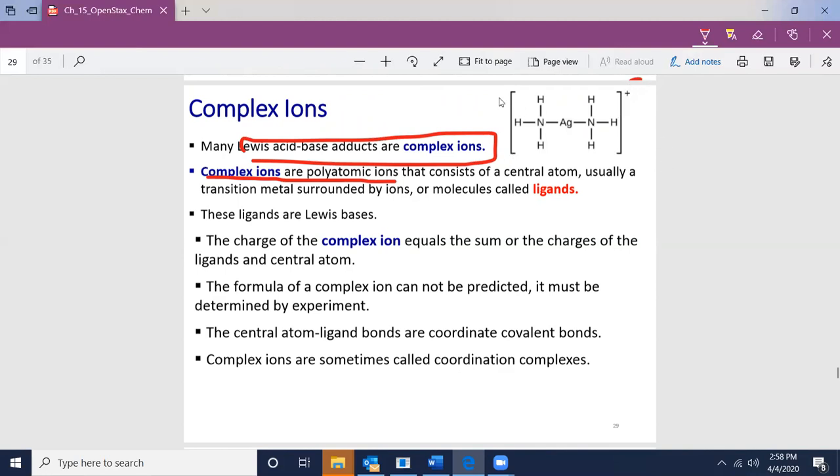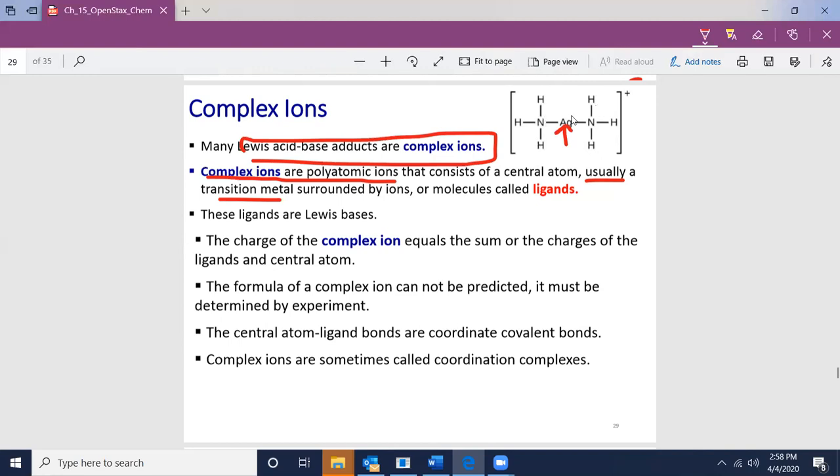This style of writing or drawing the Lewis structure tells us that this is a polyatomic ion that consists of a central atom. There is usually a central atom in these complex ions, usually a transition metal. It can be silver, zinc, or iron, surrounded by ions or molecules called ligands.